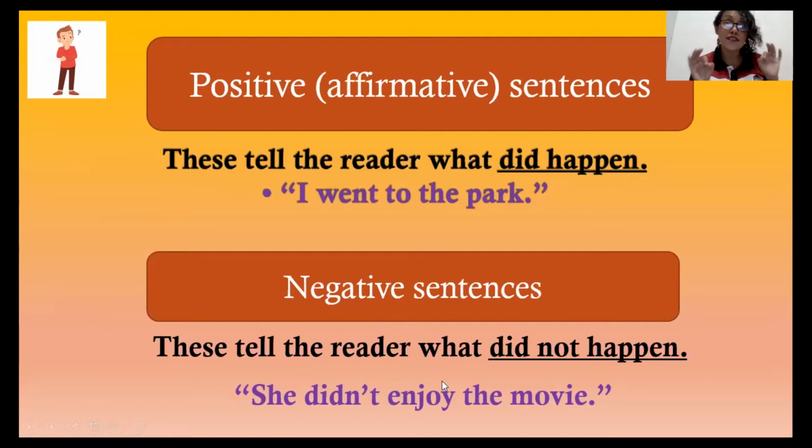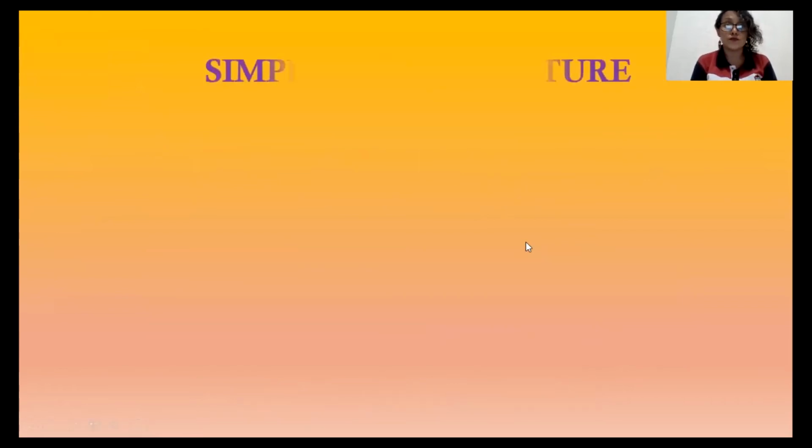So now, what is the difference between affirmative and negative? In the affirmative, we say, I went. My verb is in simple past. And in the negative, she didn't enjoy the movie, okay? I use an auxiliary, did, that is going to show me that it refers to the past, with the contraction of not, didn't, and the verb goes in simple form. We are going to see it later, okay?